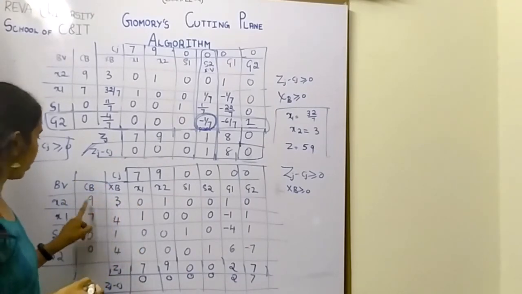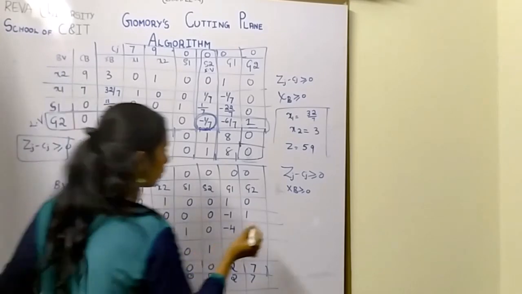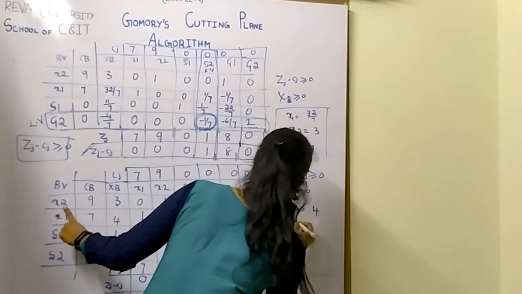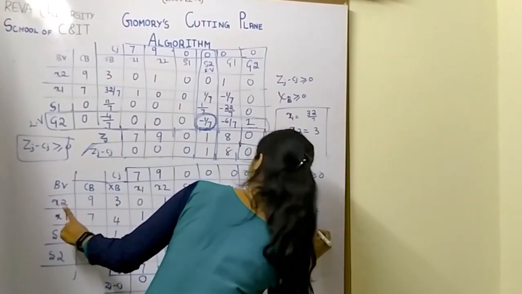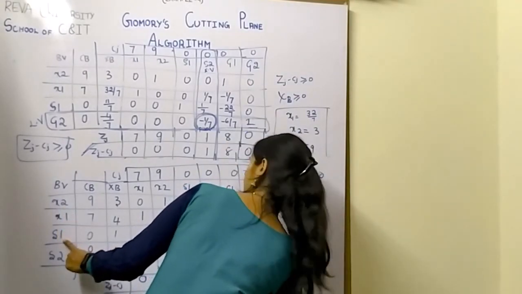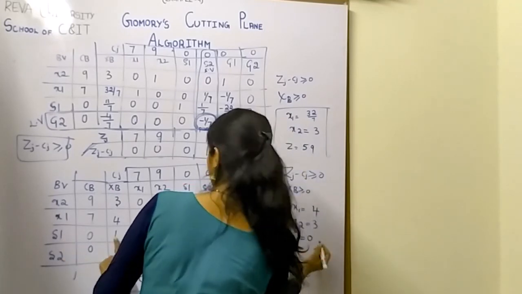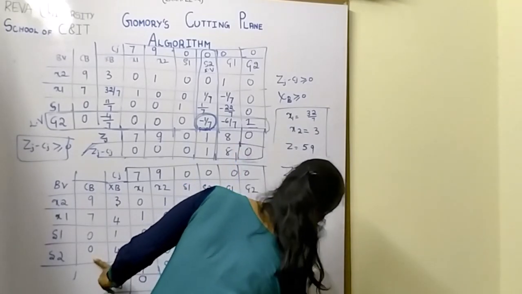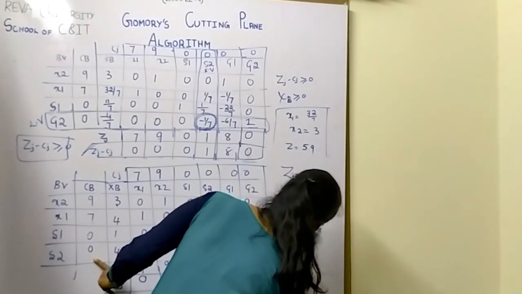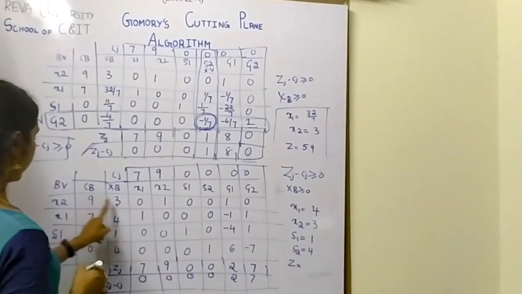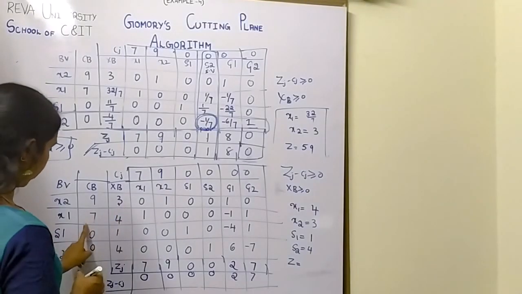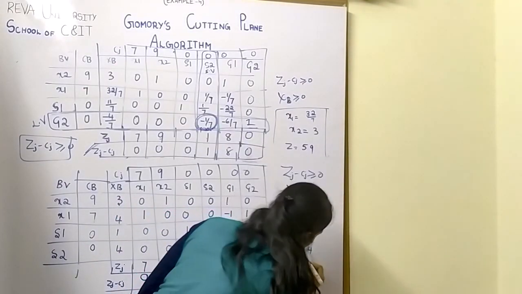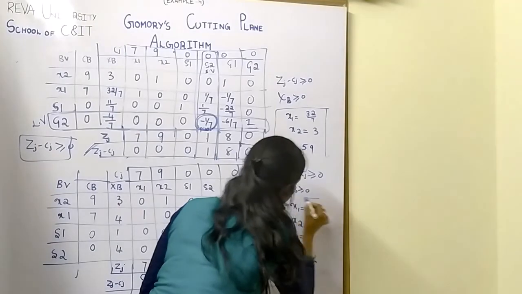Now note down all the values: x1 is equal to 4, x2 is equal to 3, S1 is equal to 1, S2 is equal to 4, Z is equal to 9 into 3 plus 7 into 4. So 9 into 3 plus 7 into 4, you will get 55.